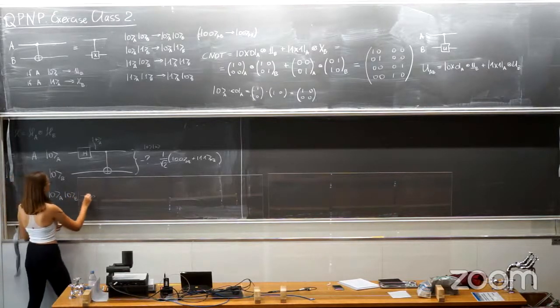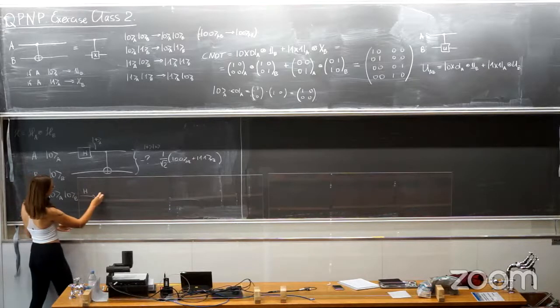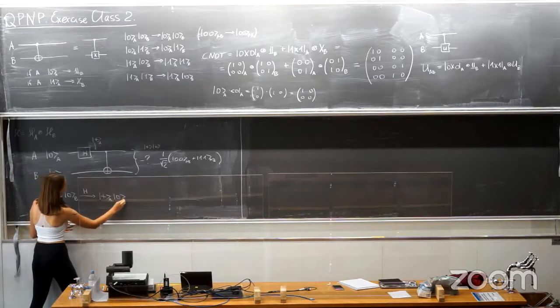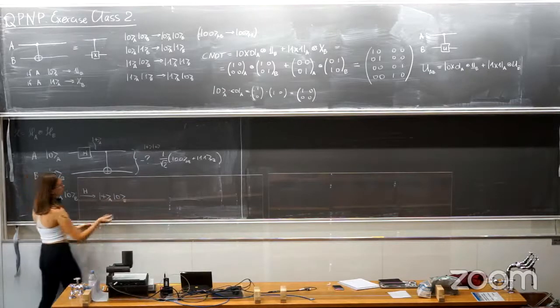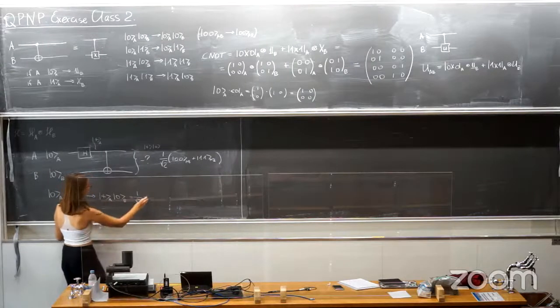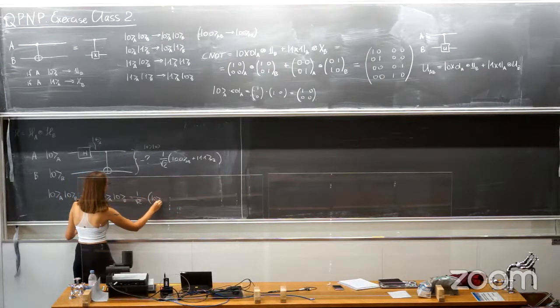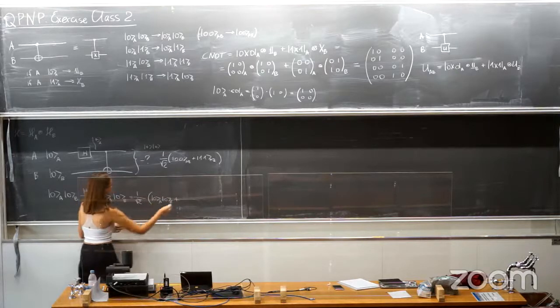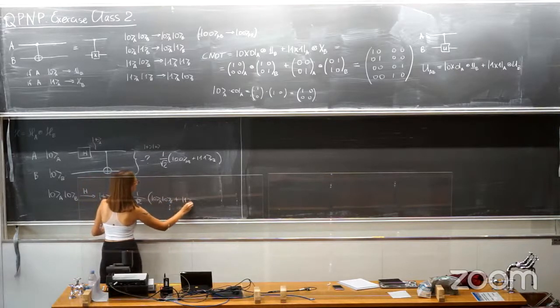We apply the Hadamard. Then we indeed get the plus on system A and 0 on system B. We can rewrite the plus as 1 over square root of 2, 0A, 0B plus 1A, 0B.